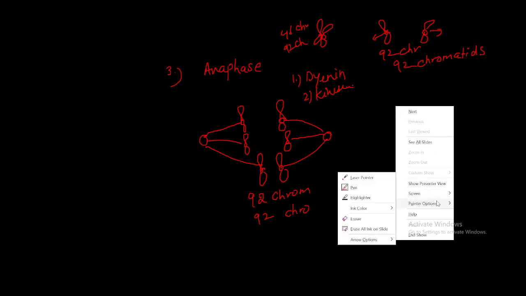Now coming to the telophase. Number one thing that will happen is chromosome decondensation. They will again become thread-like structures. Number two, lamin dephosphorylation.